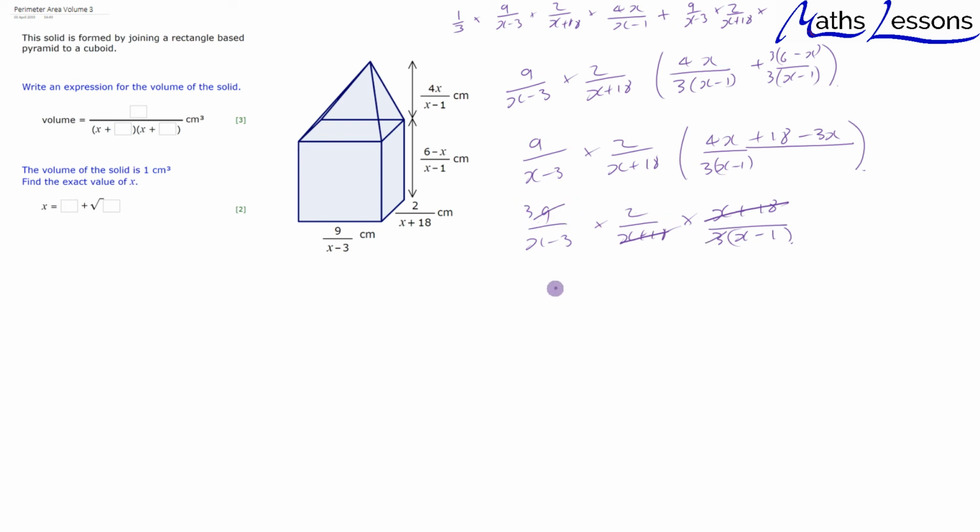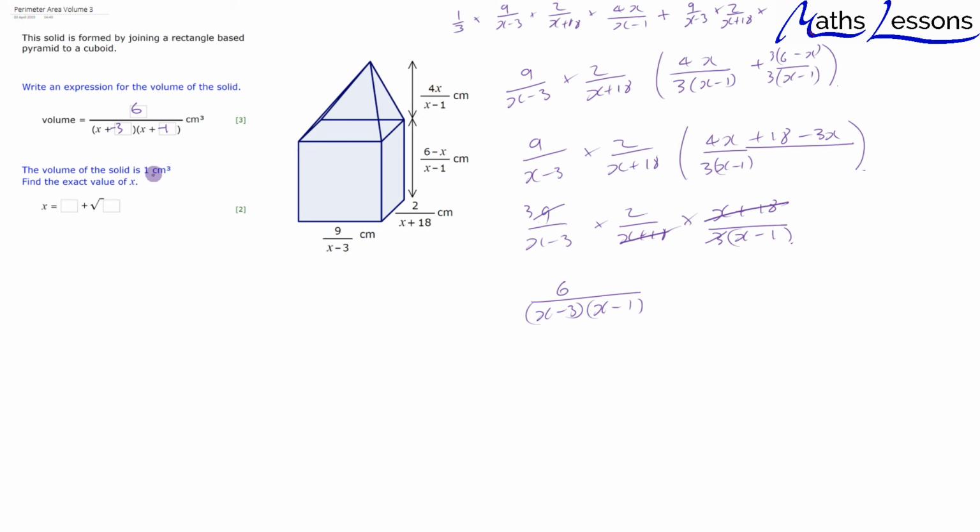So that leaves me 6 over x minus 3 times by x minus 1. And the reason why I knew things were going wrong there is I just knew I had to get down to something cancelling and it wasn't happening. So that's why I knew I'd made a mistake.